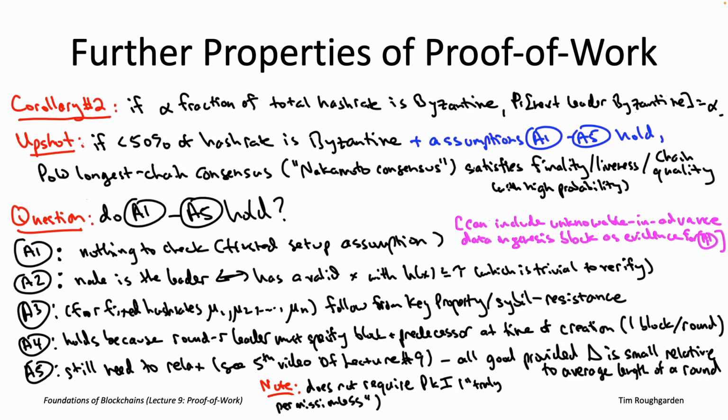So what about the proof of work scenario, which is where it seems like we'd have a contradiction? Well, remember the proof of work implementation of longest chain consensus. We alluded to this in lecture number 8, and then we actually made it real in this lecture, lecture 9. The proof of work implementation has some additional properties beyond what was needed to carry out the consistency and liveness analysis in lecture number 8.